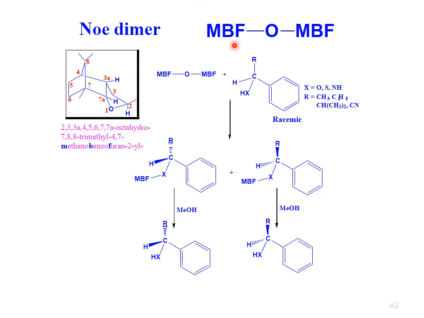This is racemic when it reacts, and then we are using methanol for the separation of the product or the diastereomeric salt. These NOE dimers are used for the resolution of some other racemic mixtures containing amines, thiols, alcohols, dithiols and phenols.